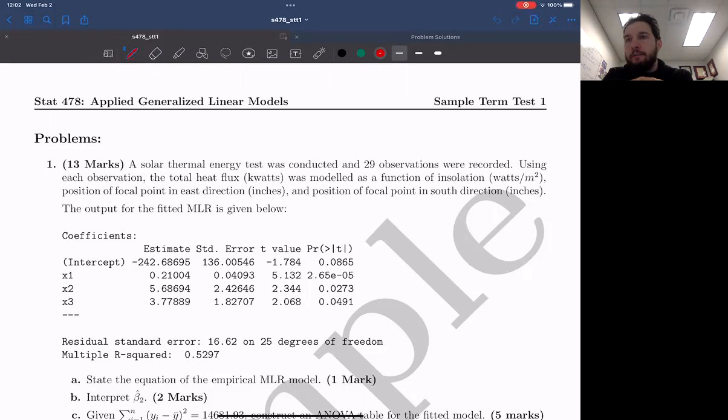So there's no PDF. There's only one file that you have to download from the CrowdMark page, and it's just a file with some R output that you have to utilize. Otherwise, all the questions are written on the page, so you can write your responses in any way that suits you. If you want to write them by hand and then take a picture of your solutions and upload that, that's fine.